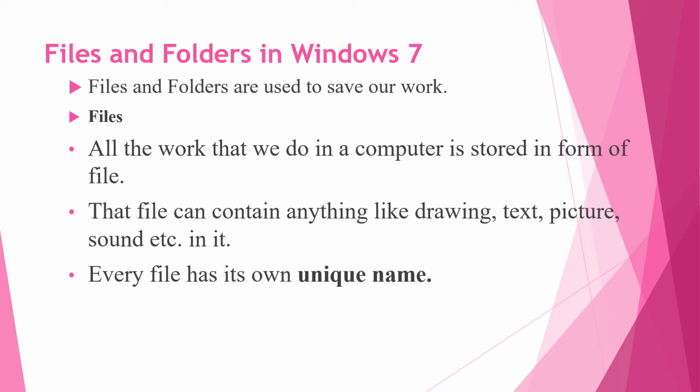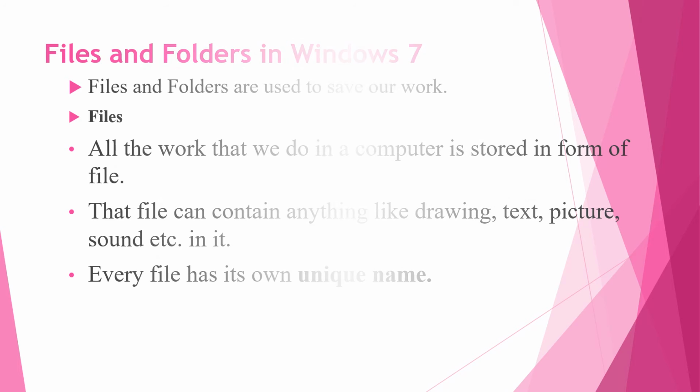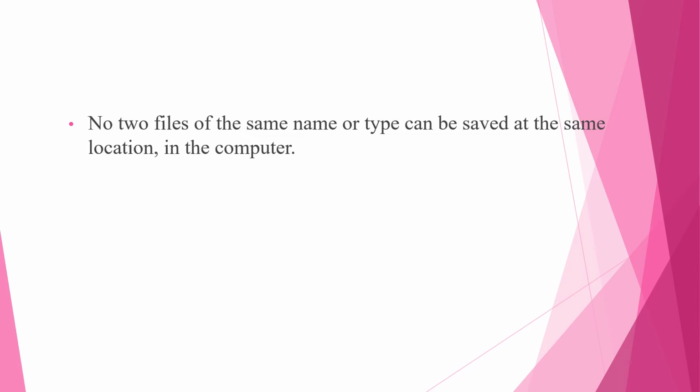Children, you must be giving names to your files so that you can identify and you can search for it. No two files of the same name or type can be saved at the same location in the computer. So, if we want to save the files, we have to change the names.